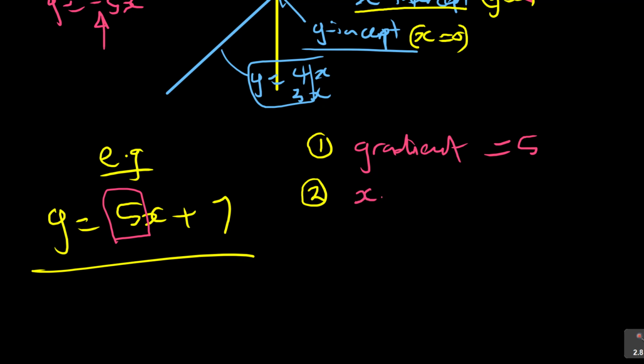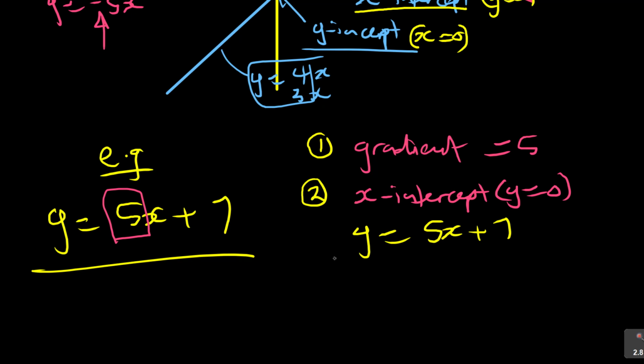Number 2, if I say to you, what is the x-intercept? Remember I said when you see x-intercept, you say y is equal to 0. Then you come here and you say 0 is equal to 5x plus 7. Now, since y is 0 on the x-intercept, you start solving. That's now an equation. You don't have to use a graph.